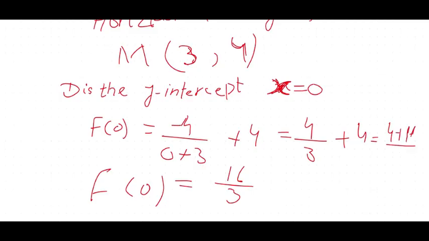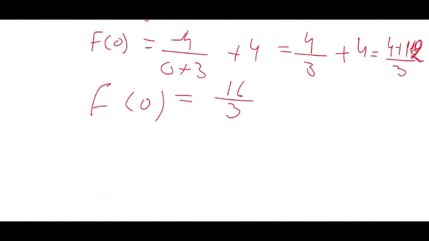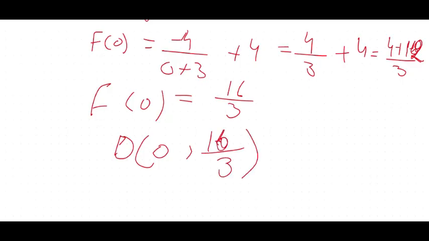So we can say that at the value of 0, the y-intercept is 16 by 3. So over here, this coordinate D is 0 and 16 by 3.